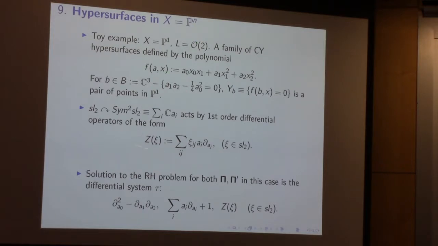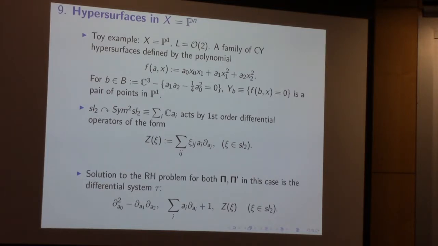Because the setup is completely SL2 equivariant, or PSL2 equivariant, you expect that these operators behave very well when you hit them on the period sheaf. And indeed, they do. So the question is, you write down these obvious operators. How do you know that this is complete?